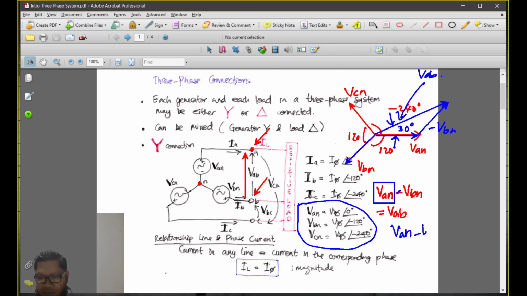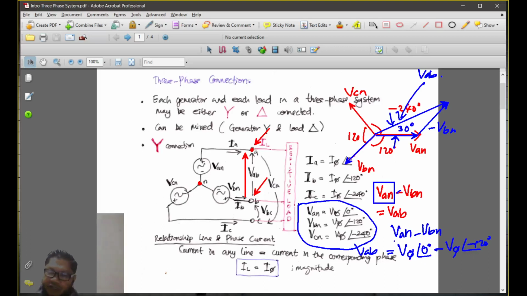VAN minus VBN gives you V phase with the angle of 0 degrees minus V phase with the angle of minus 120 degrees. So that gives you VAB.